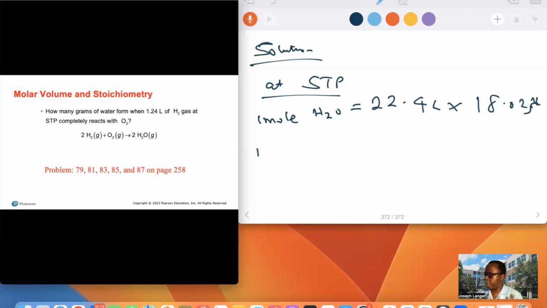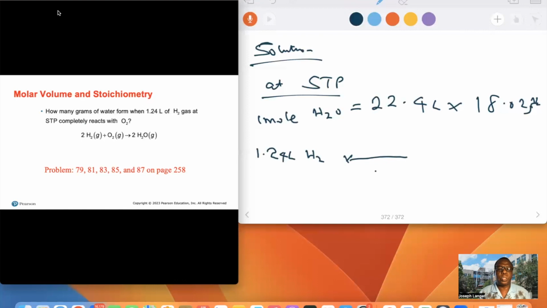Therefore, what we are given here is the volume of hydrogen gas, so we convert using the mole ratio.